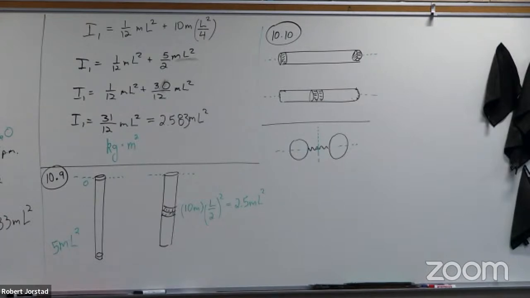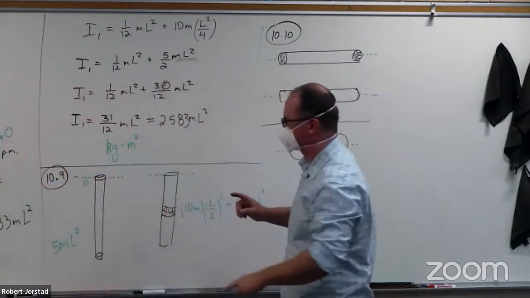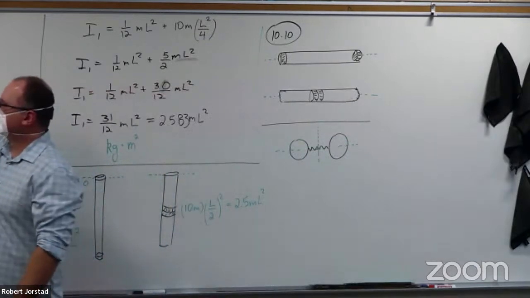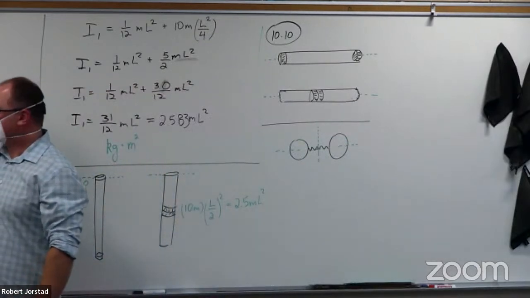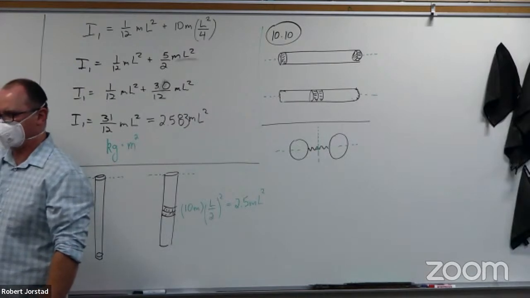Go to page 60. What if there's only one weight on the first rod? How does that change things? Which problem are you talking about? 10.8, 9, or 10? Just if you just have one mass on rod one. So where would that affect this calculation? Right there.